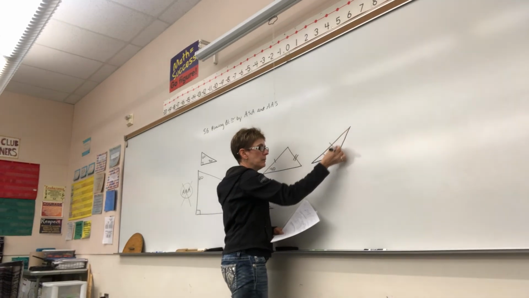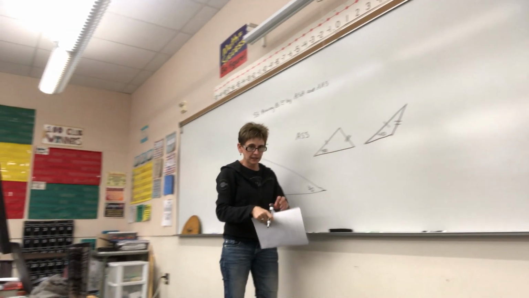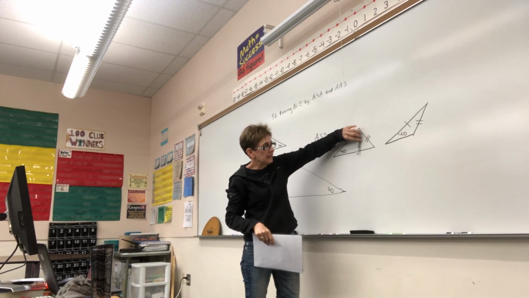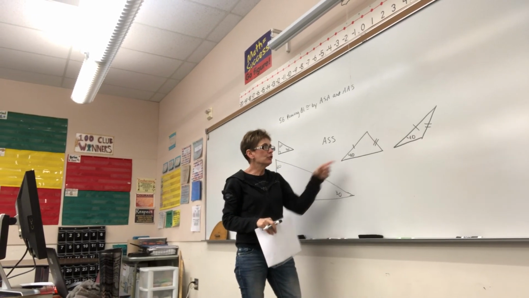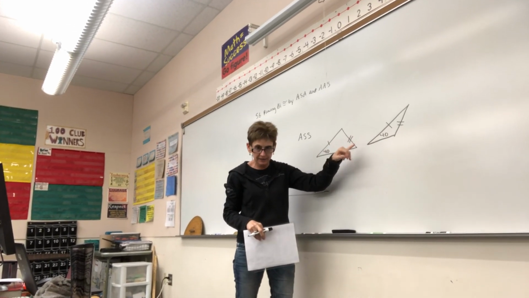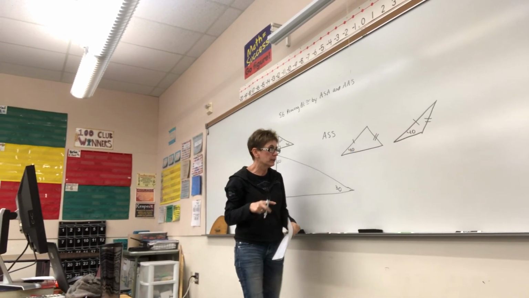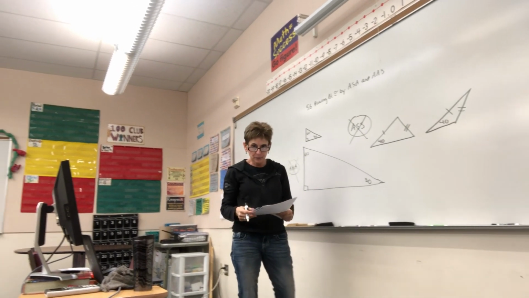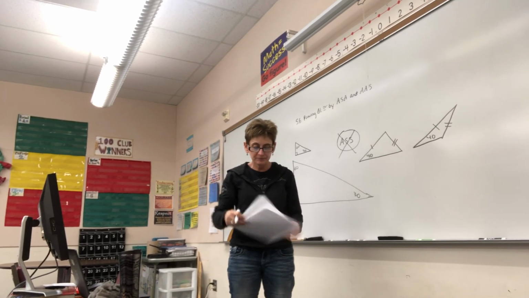Here's the problem. That last side can kind of swing out or in. On that hinge there, you can make two triangles with exactly the same angle, side, and side that are not congruent triangles. So ASS is not a valid method for proving two triangles are congruent.